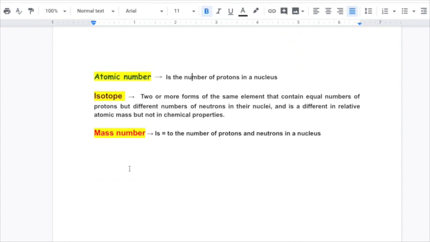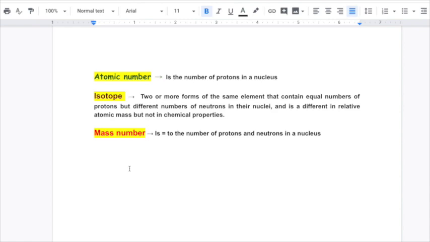So now we're going on isotopes. These are 2 or more forms of the same element that contain equal numbers of protons but different numbers of neutrons in their nuclei. I'm going to explain nuclei in a different episode. There is a difference in relative atomic mass, but not in chemical properties.